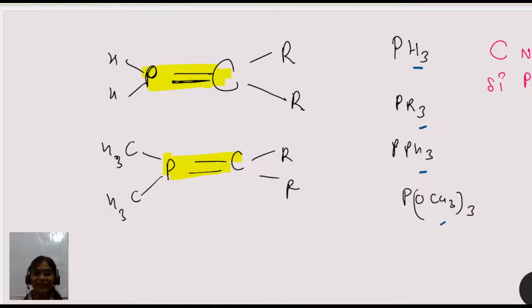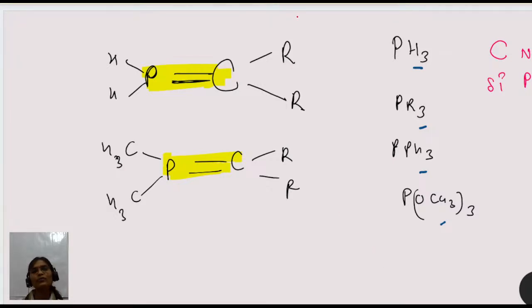You're wrong, not an issue. So who's going to be more electronegative? Carbon, right? Yes, Kanna, you're right.